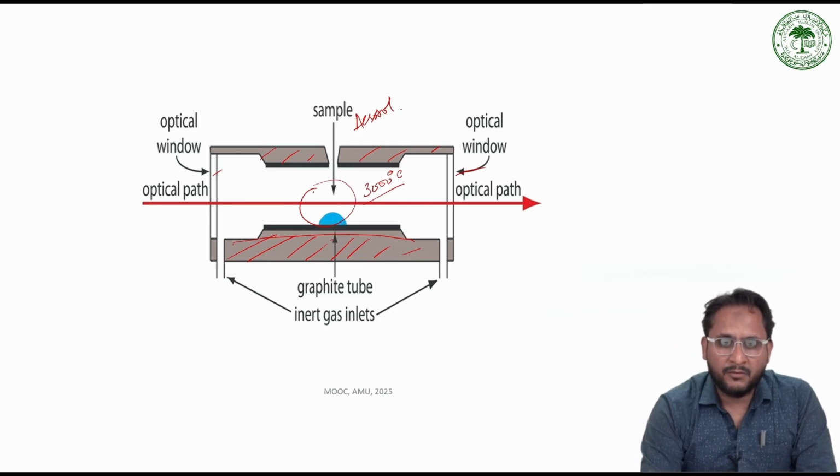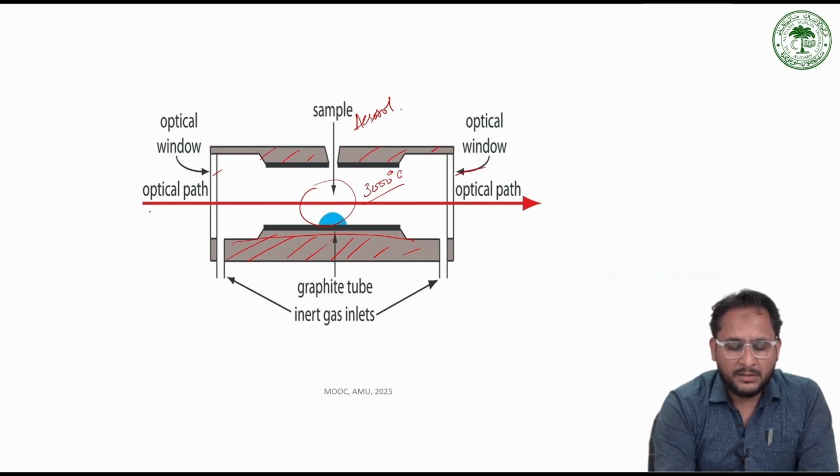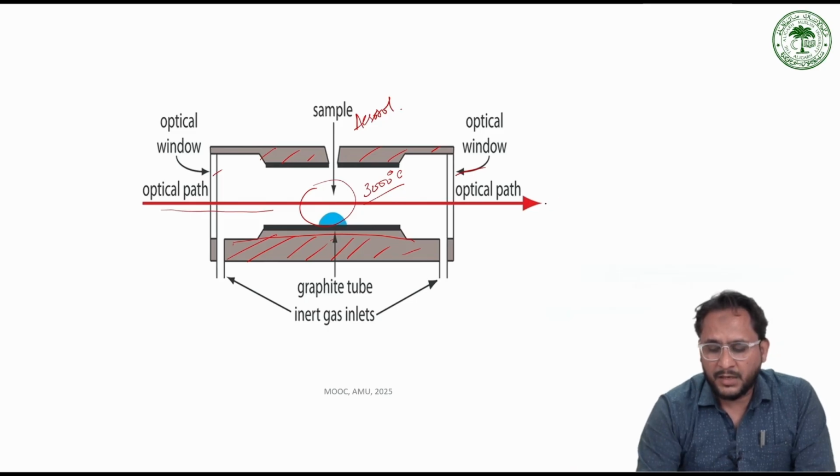Then these individual atoms are ready for absorption. This is the optical path, the light is coming, there will be an interaction, and the transmitted light then falls on the detector to create a spectrum.